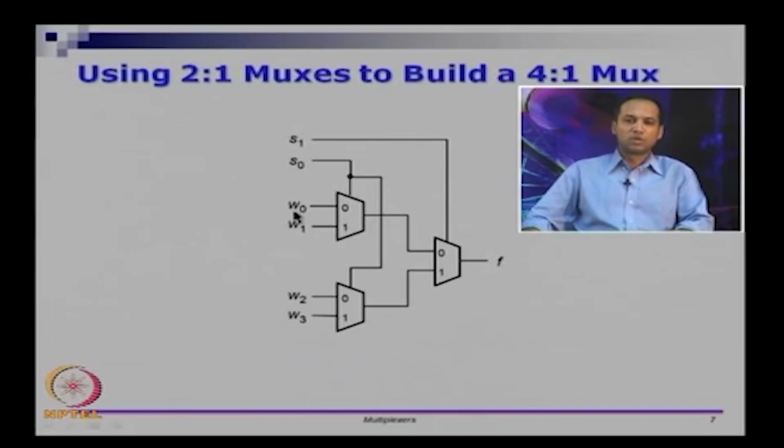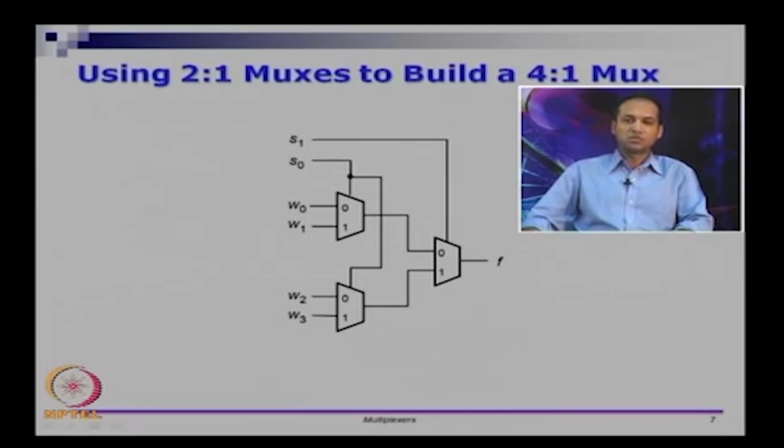If you want W0 to be passed down to F, we want S0 to be 0, so that this line will take W0, and we want S1 to be 0, so that this line will be going to the output. So we want both these to be 0 for W0 to go to the output.